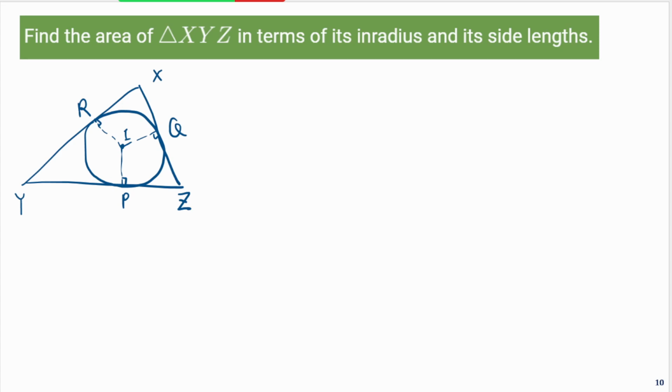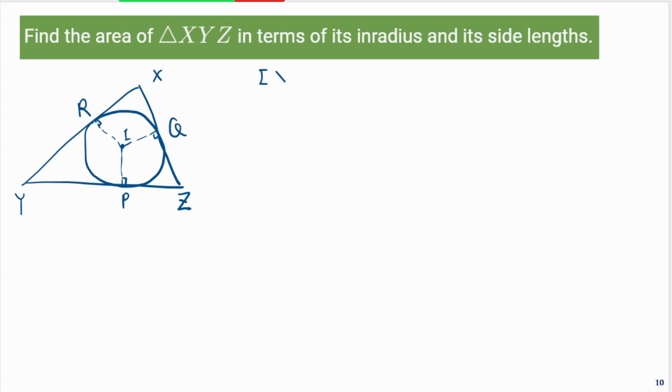Those radii of the incircle perpendicular to the sides make us think of altitudes. Indeed, if we break triangle XYZ into three triangles with I as a vertex, these radii are altitudes, right? Adding the areas of these three triangles gives us the area of the entire triangle XYZ.